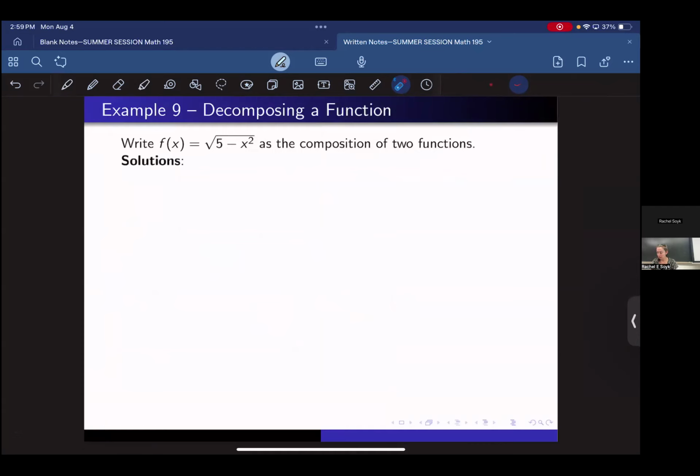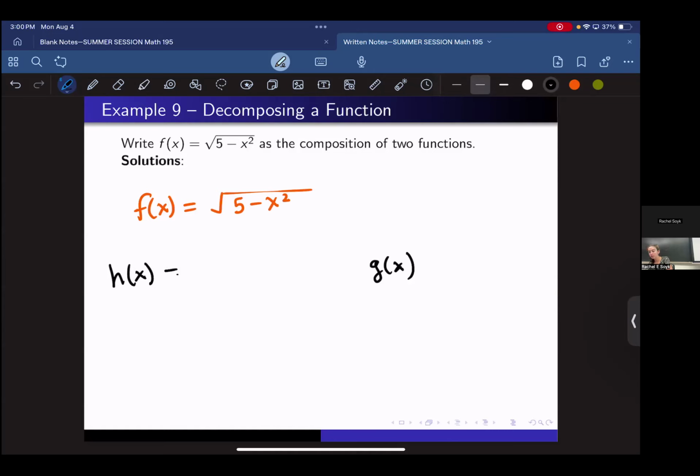And so this last example, we're gonna write a function as the composition of two functions. So we're given f of x is equal to the square root of 5 minus x squared. That square root we can break into, let's say we now have an h of x and a g of x. Our h of x can just represent the square root portion. So we'll call that square root of x.